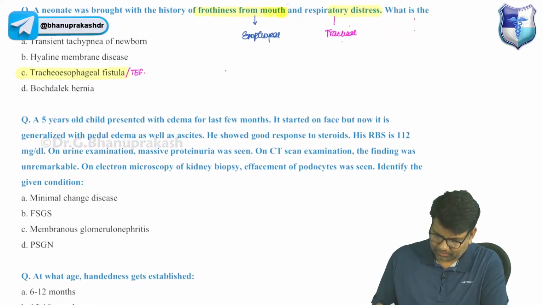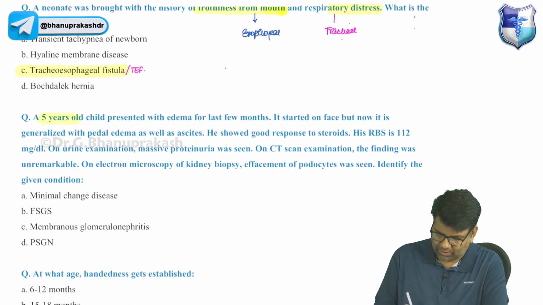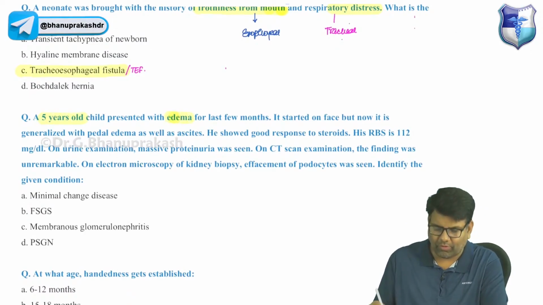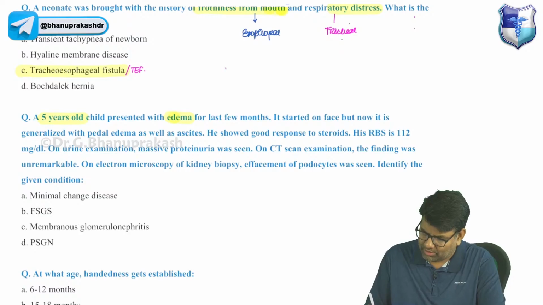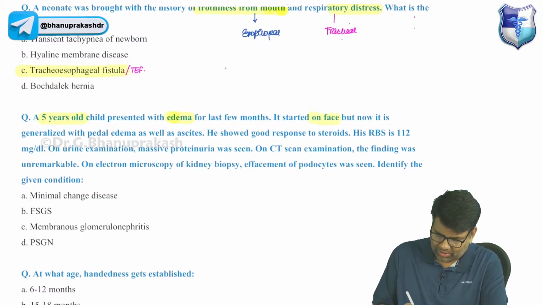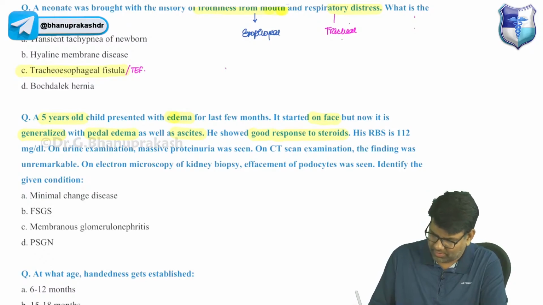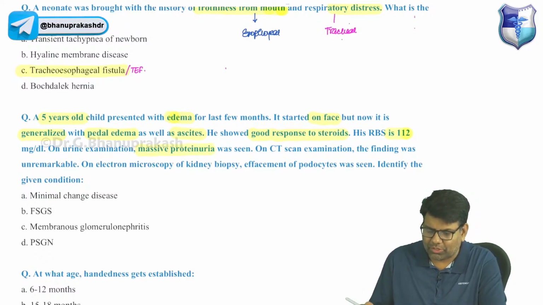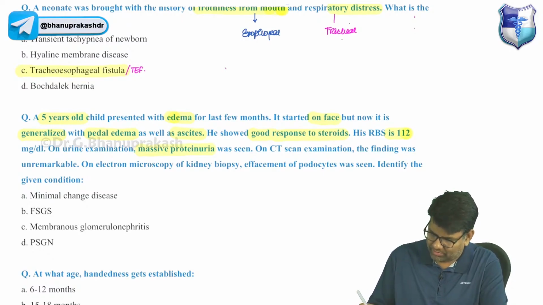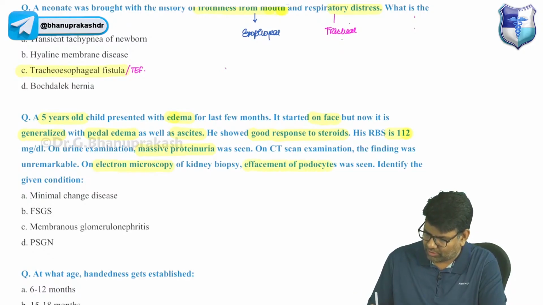Next question. A 5-year-old child with edema for the last few months. It started on the face, but now it is generalized with pedal edema as well as ascites. Good response to steroids. RBS is 112. There is massive proteinuria and nothing seen on light microscopy, but electron microscopy showed effacement of podocytes.